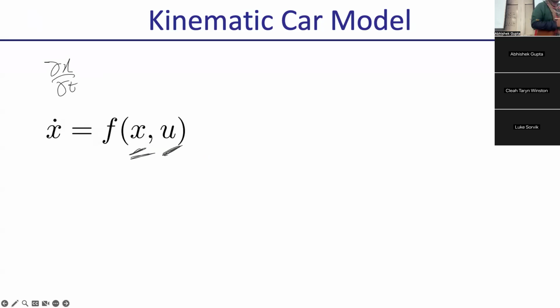So you can think of a motion model, which we're going to treat as a discrete model, as something that integrates the instantaneous derivative of state with respect to time. So given a control and the current state, what is dx dt? That's what our motion model is going to be. We're going to use physics to derive dx dt, and then integrate it to give us the next state.